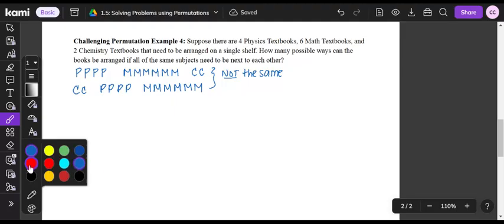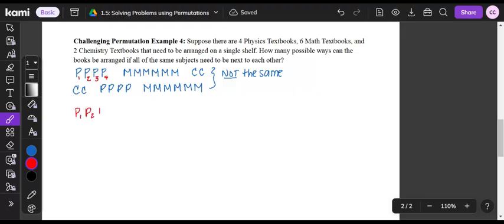The next thing I want you to think about is that let's say these are not all the same physics textbook. Let's say I call this textbook 1, textbook 2, textbook 3, and textbook 4. So P1, P2, P3, and P4 does not equal P2, P4, P3, P1.